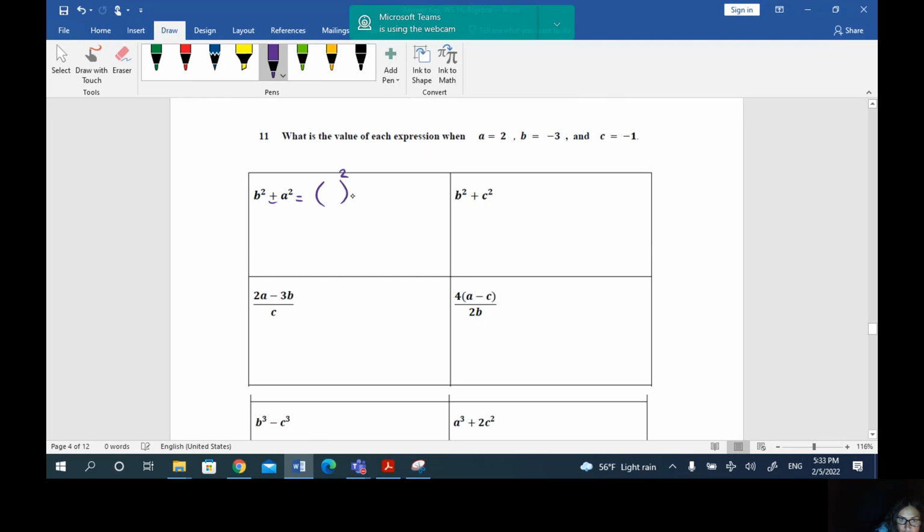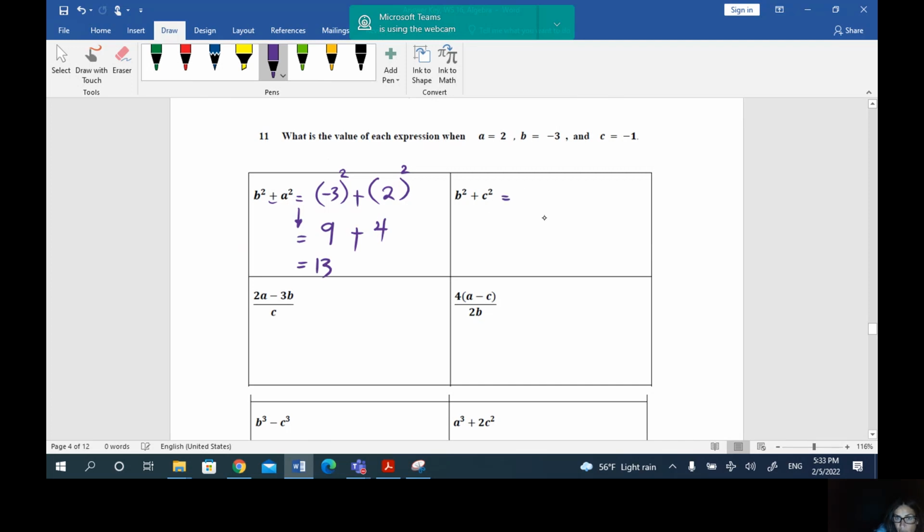The operation in between is plus, and then a, open a bracket, squared. What is b? B is -3, so we place it here. A is 2, so we place it here. So -3 to the power of 2 is 9, plus 2 to the power of 2 is 4. 9 plus 4 is 13.